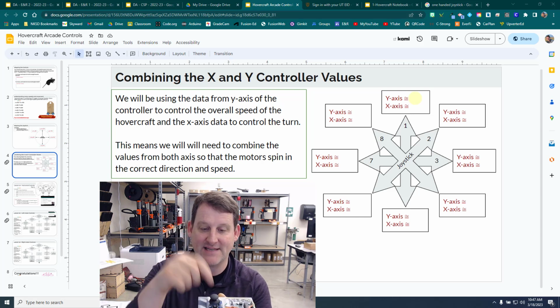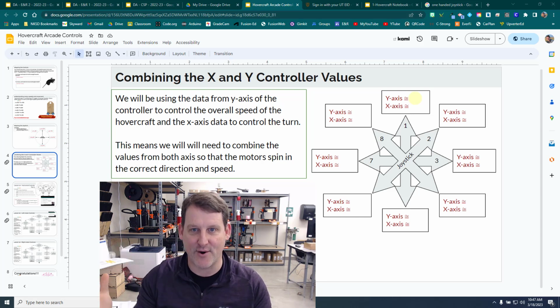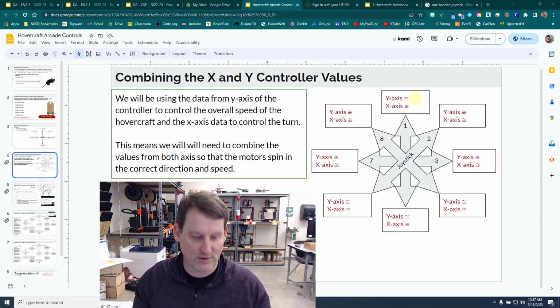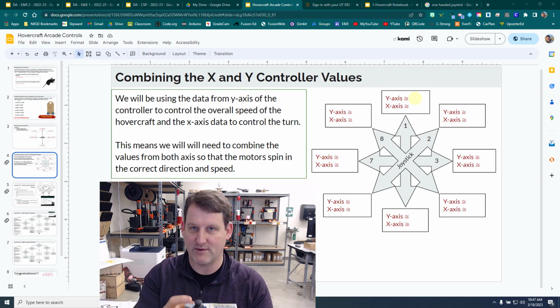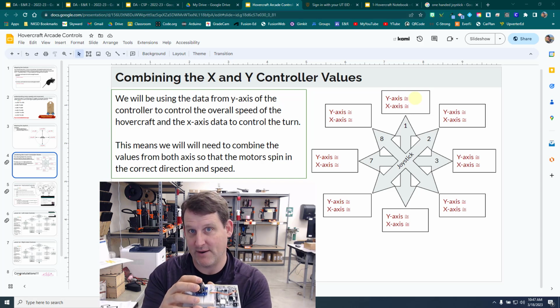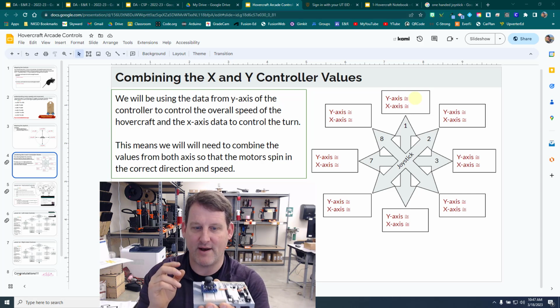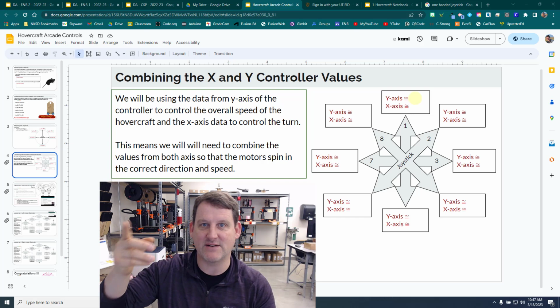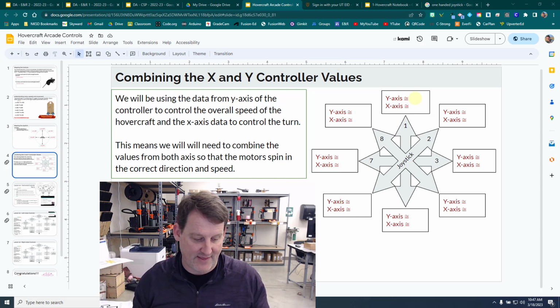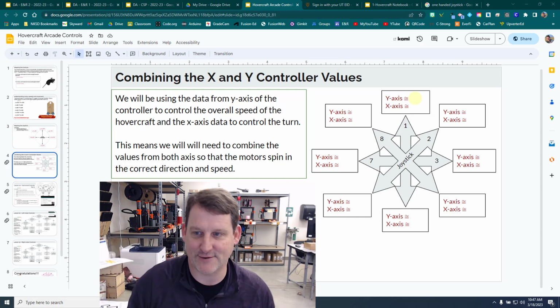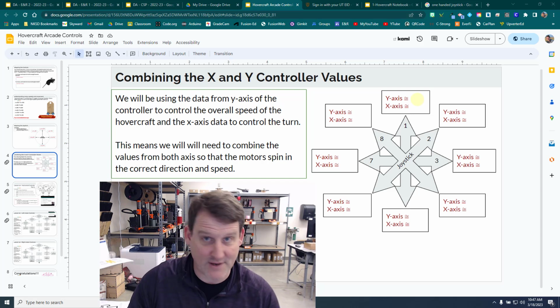That way when we add 0 plus 0, we get 0, which means the robot's motors will stay off. That was a lot. We'll do the mapping in the code later, but for now we'll start talking instead of what the joystick actually gives us, which is 512 in the middle and 1023 at the top and 0 at the bottom. We're going to be talking about it in terms of positive and -100 values, and that's going to make the math a lot easier. All right, so now let's get to it.